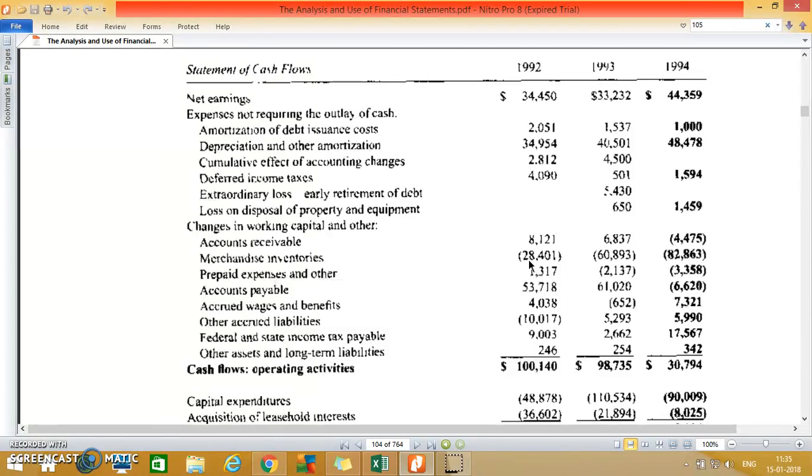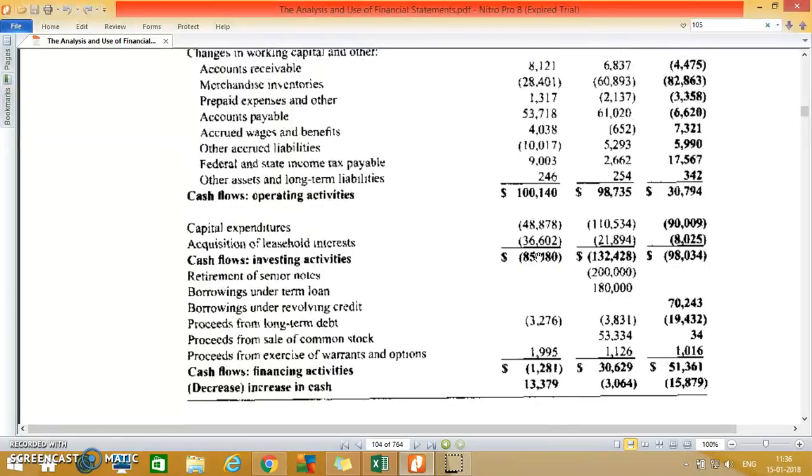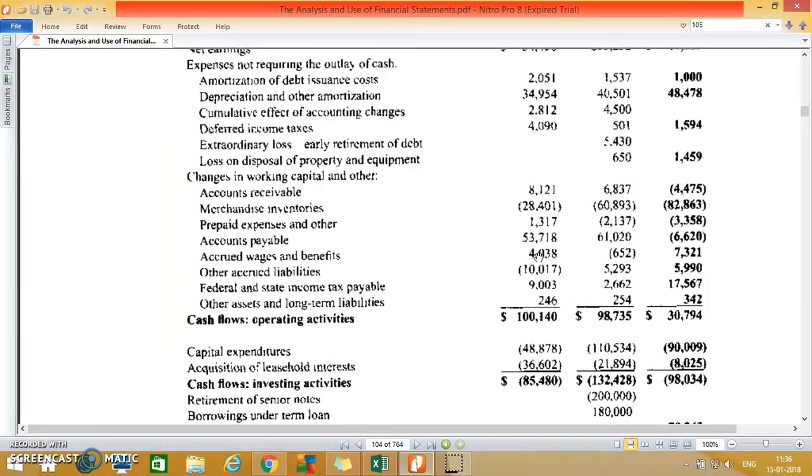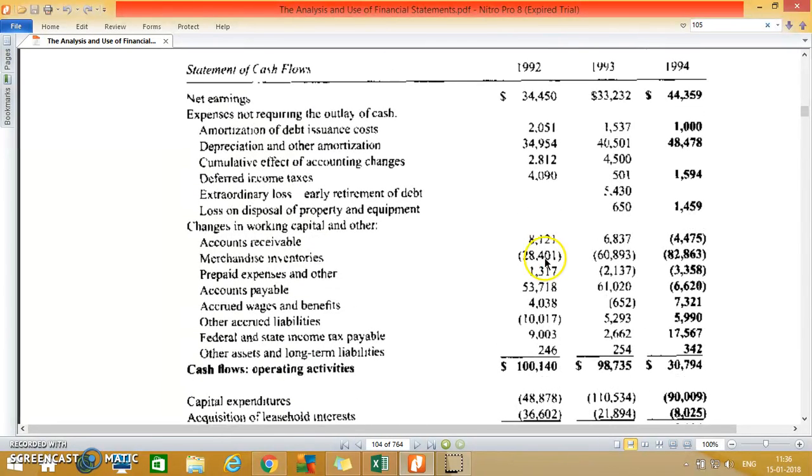As in the earlier problem that we did, we have been given the comparative balance sheets, and when we have been given the comparative balance sheets, we found out the differences and then made the adjustments. But in this case, I do not find the comparative balance sheets. I don't have the balance sheet. So what they have done is that these numbers have been culled out from the balance sheet, and whatever differences are there, they have directly adjusted over here.